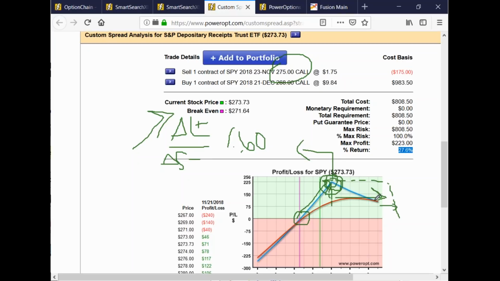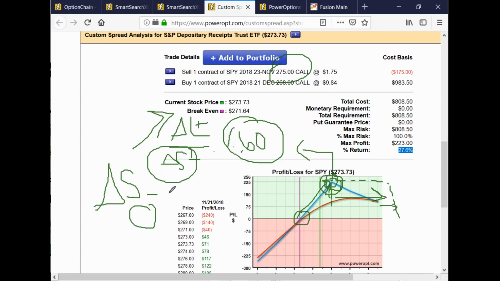Why do we give return back? Because of the magic of what happens at expiration. Even though I look for a delta ratio of 1.6, I know that when I get into the last 2 to 3 days to expiration, 1 to 2 days really, the delta of my short has one place to go. It can go to 0 or it can go to 1. If the stock's above 275 next Friday, let's say it's at 277, my delta's at 1.